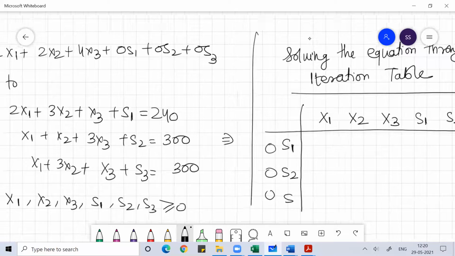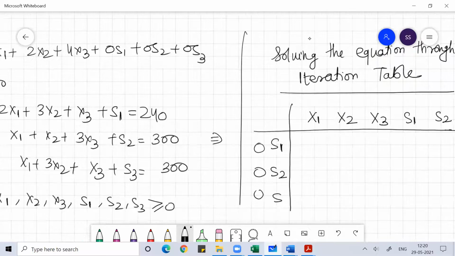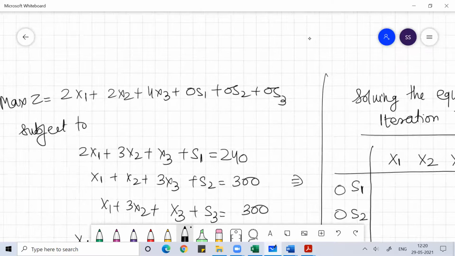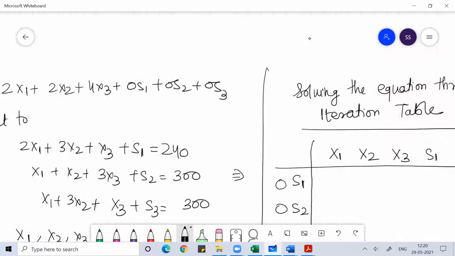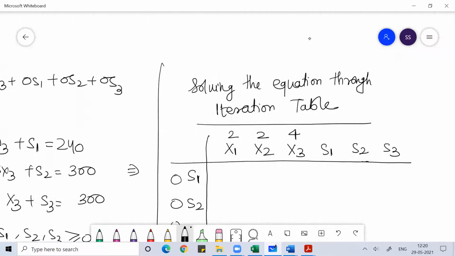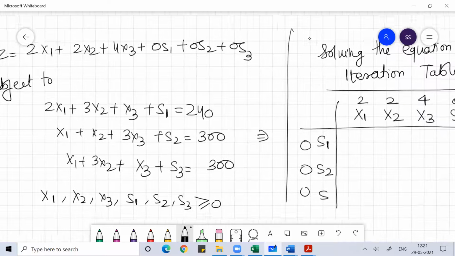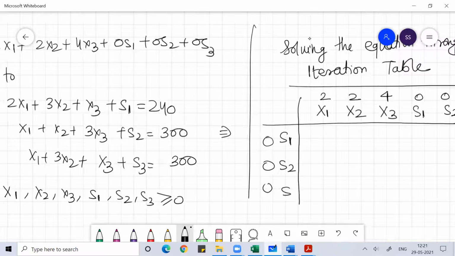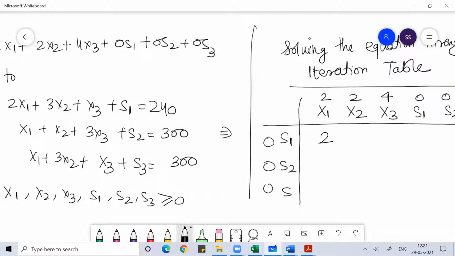And here I write their coefficients. So 2, 2, 4, 0, 0, 0. Okay, then RHS.